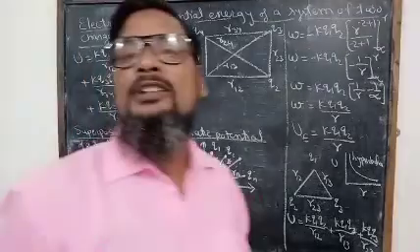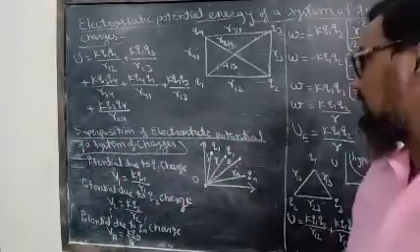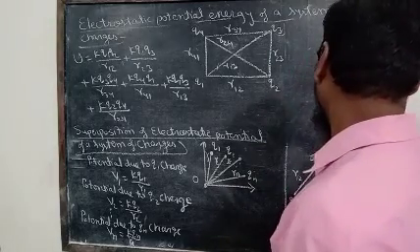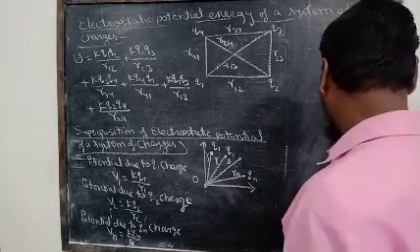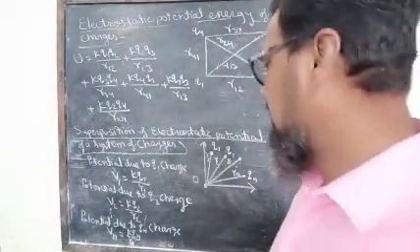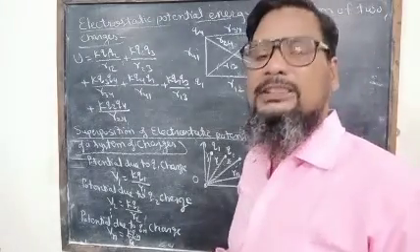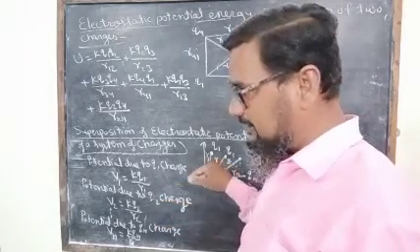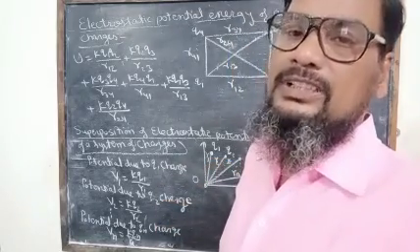These are the potentials of individual charges, and then the net or total potential will be the algebraic sum, because the potential due to a positive charge will be taken with a positive sign, and the potential due to a negative charge will be taken with a negative sign.